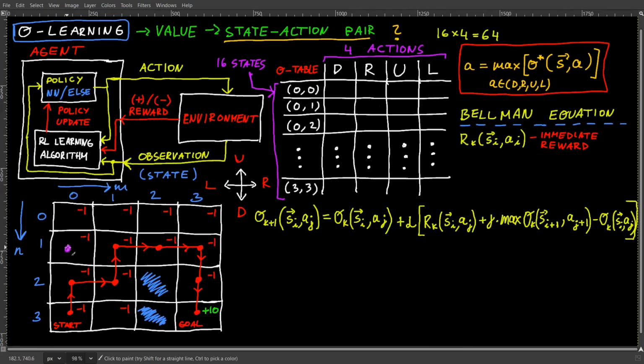Let's say that you are here, your state is 1, 0, first row 0 column, and let's say that you take this action. You move up. Since you move to this state, your immediate reward for this state action pair is this number here, minus 1. So it will equal minus 1.